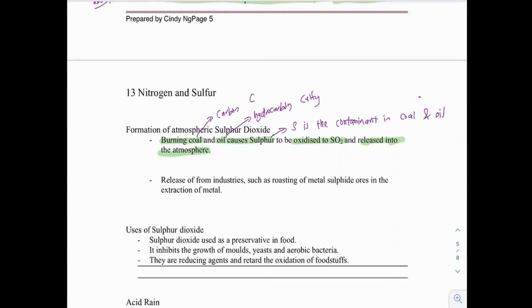So therefore, when you use carbon or hydrocarbon, the sulfur is trapped in the hydrocarbon or the carbon as impurity, and will be oxidized by the oxygen that you use to burn it to form sulfur dioxide. And this sulfur dioxide becomes the pollutant.